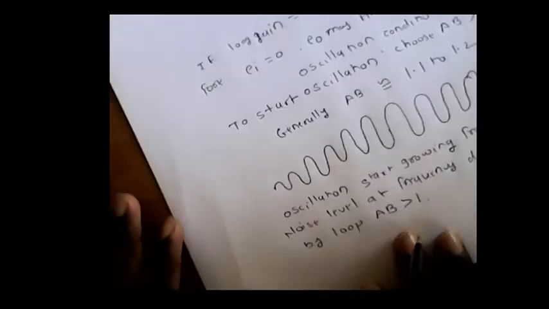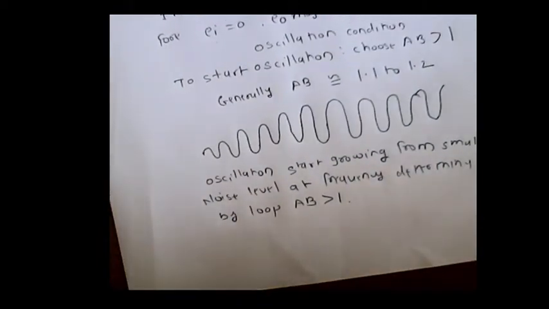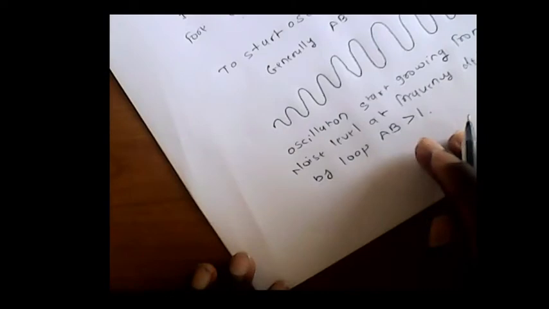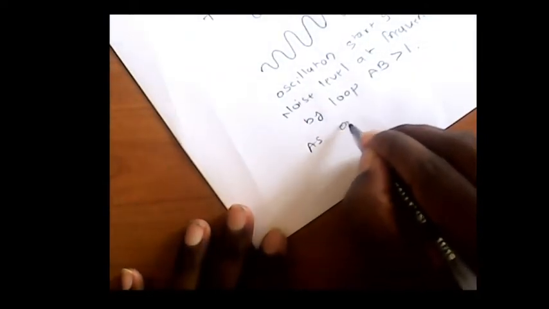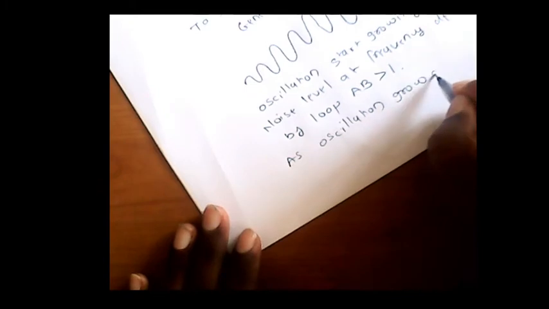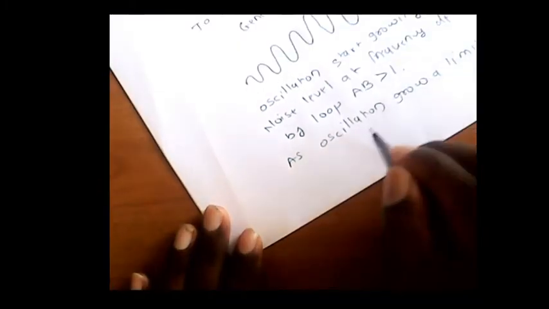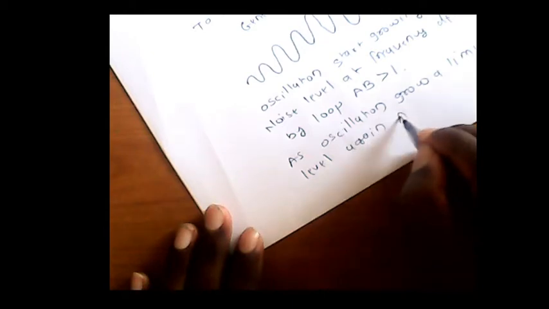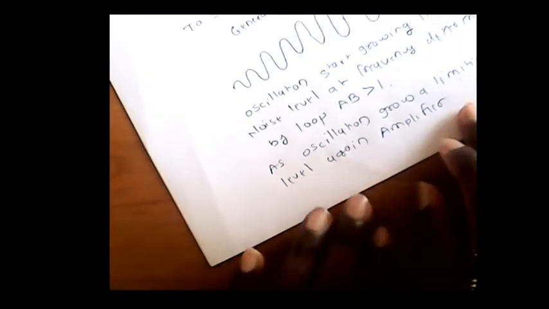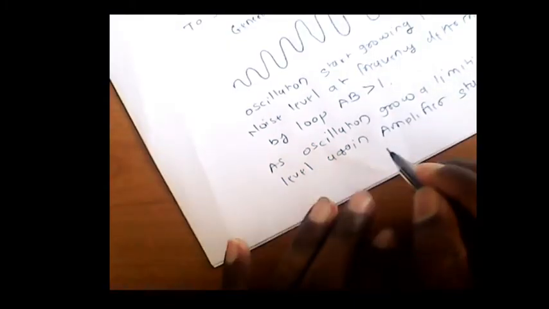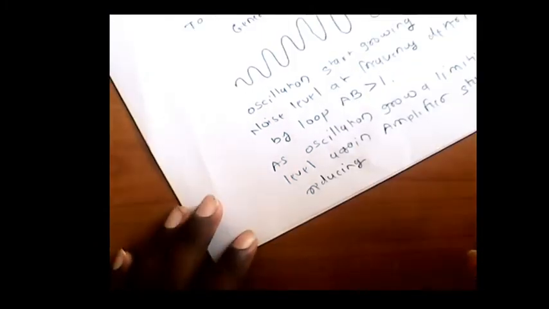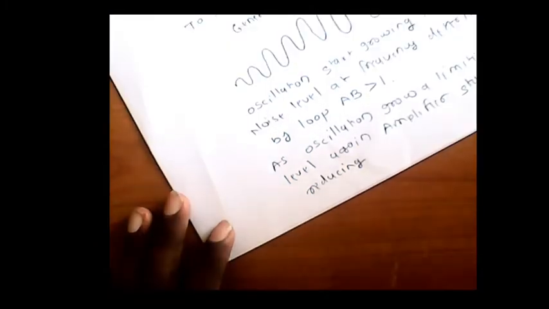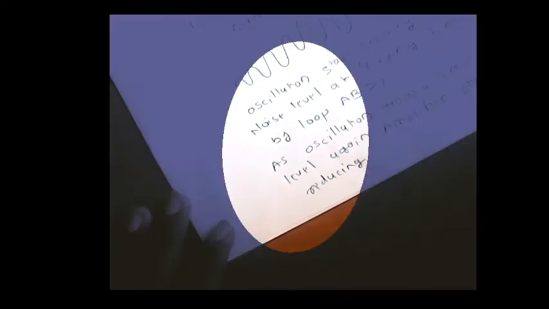As the oscillations start, from a small value at microwave frequencies, they go up, and as the oscillation grows to a limiting level, the amplifier gain starts reducing.